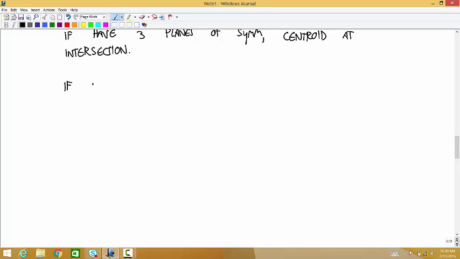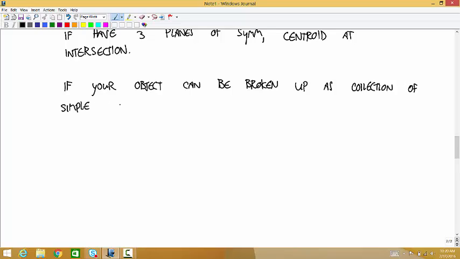Now, if your object can be broken up into a collection of these simple shapes, then the centroid follows this formula.